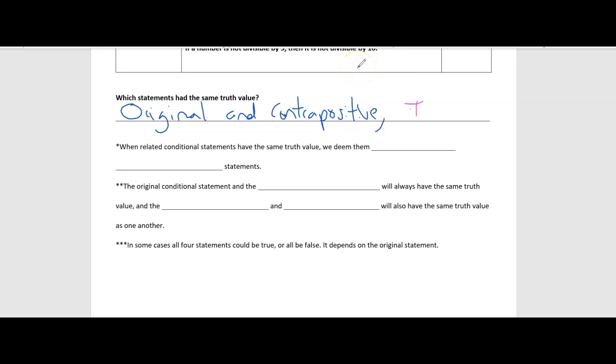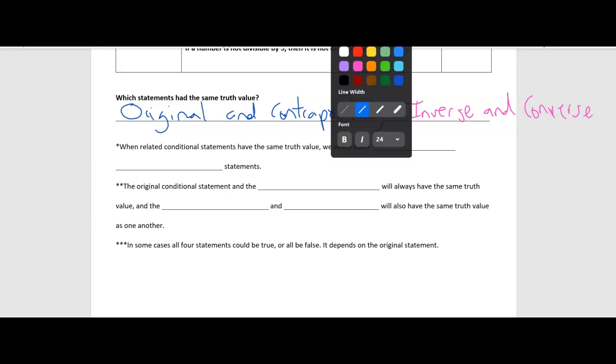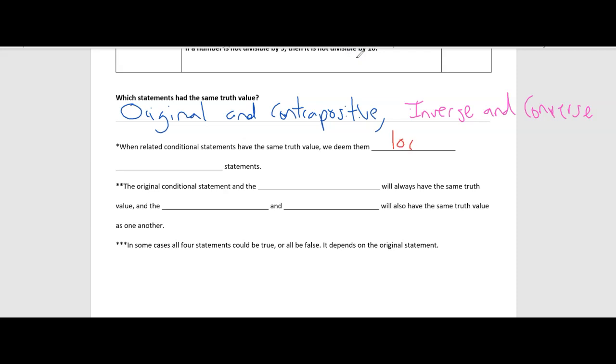And our inverse and converse had the same truth values. Those were both false. So when related conditional statements have the same truth value, we deem them logically equivalent statements. Logically equivalent, meaning they just have the same truth value.